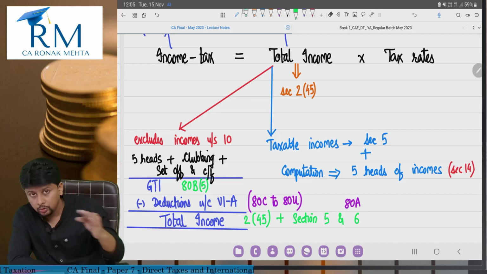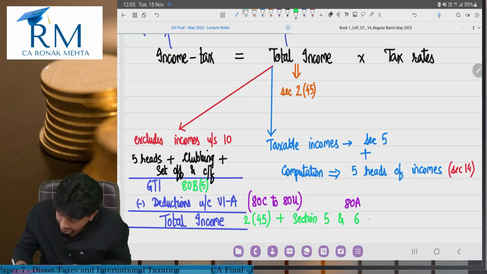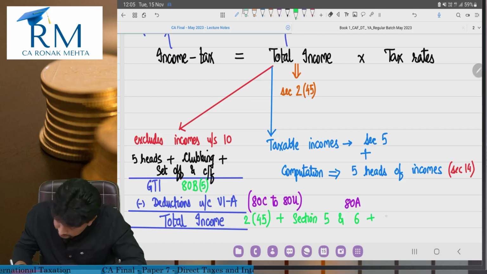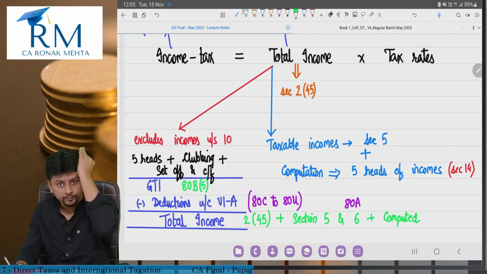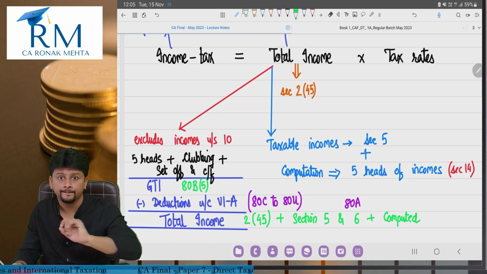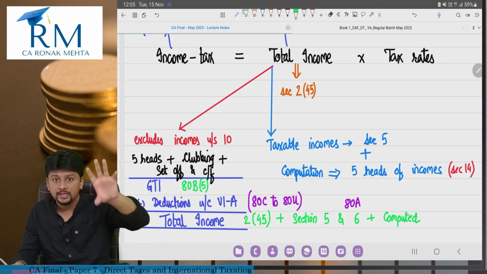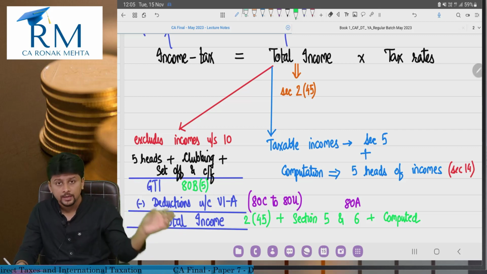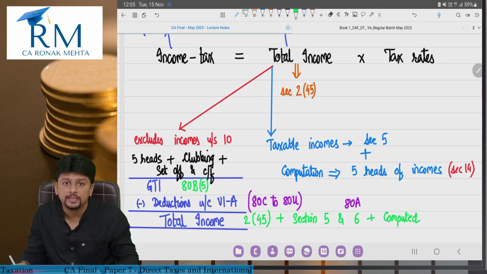Total income depends on section 5 scope of income and section 6 residential status, and it also talks about computed in the manner laid down, for which I will have to go to section 14. What are my heads of income? Classify them, then give effect to the chapter of clubbing, then give effect to the chapter of set off and carry forward, get gross total income, then take a deduction under chapter 6A.